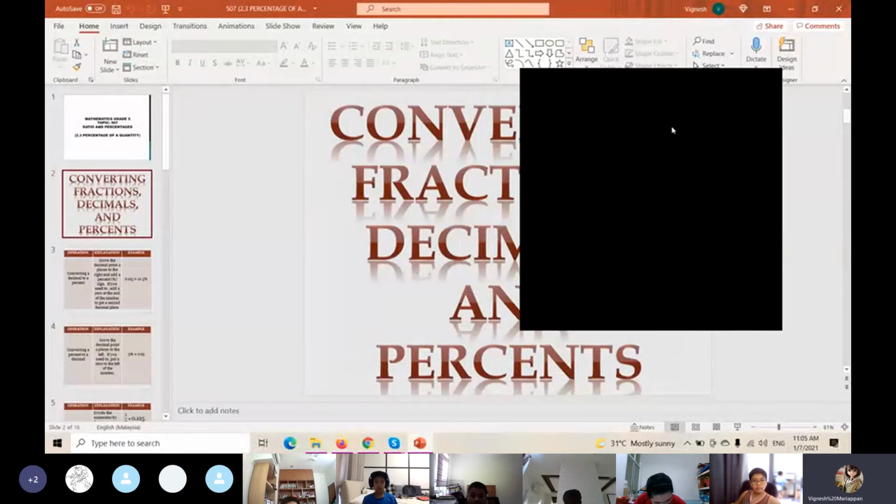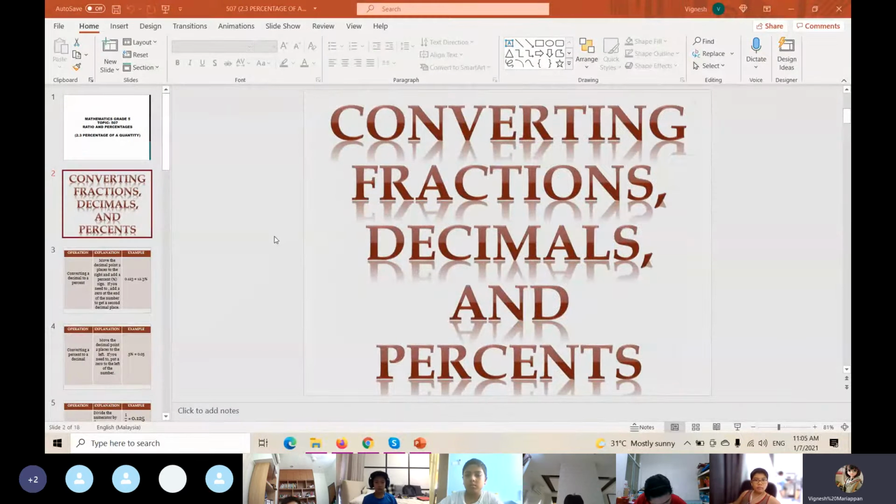Okay, so converting fractions. Yesterday we learned about converting fractions, decimals and percents. Who still remembers how to convert decimals to percent, percents to decimals, and then decimals to fraction?